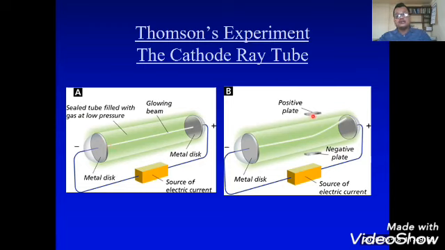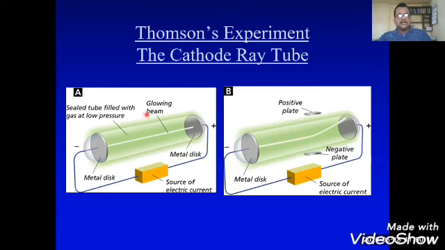But when an electric field is applied between two parallel plates, one carrying positive charge and the other carrying negative charge, the cathode rays are found to bend toward the positive plate.